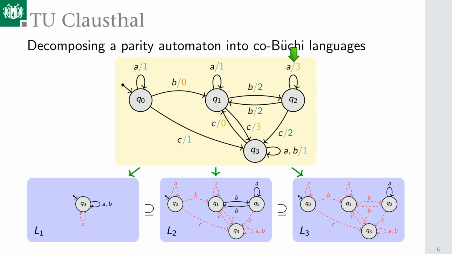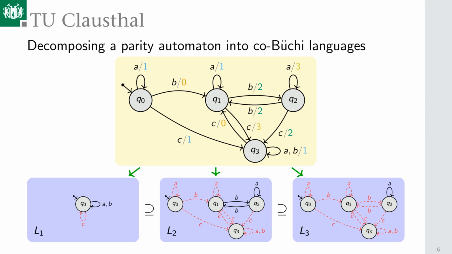But then the color of A to the power of omega becomes 3, and hence it is now accepted by L2. And as a consequence, this decomposition idea for obtaining a canonical representation for an omega regular language doesn't yet work, as the chain of co-Büchi automata is not actually canonical.